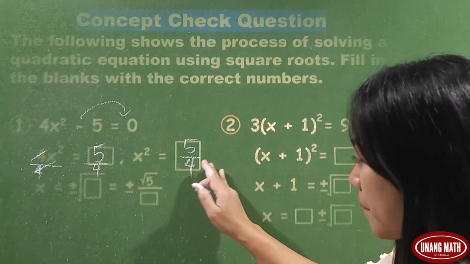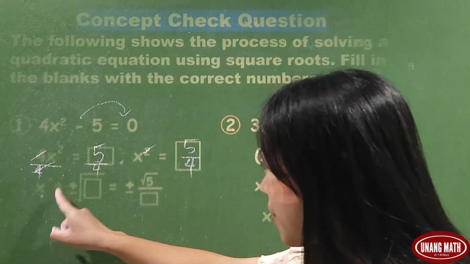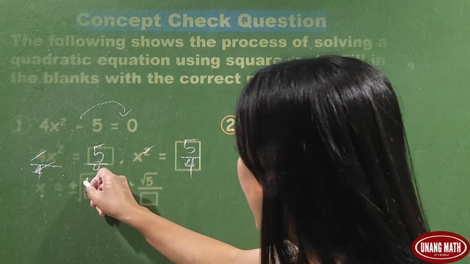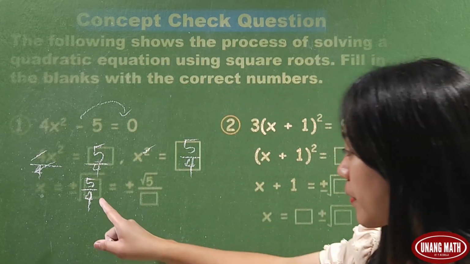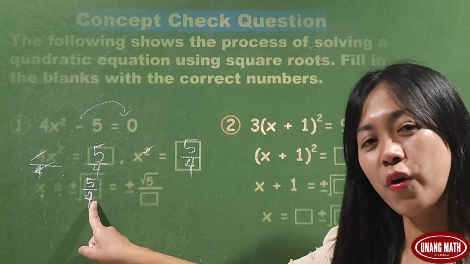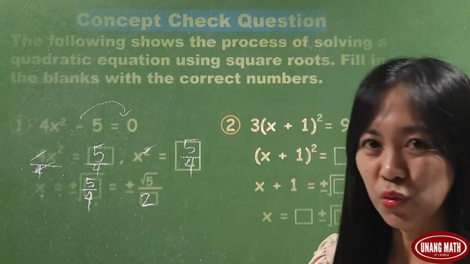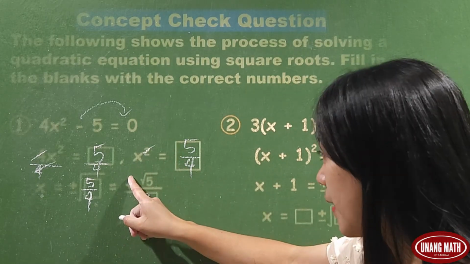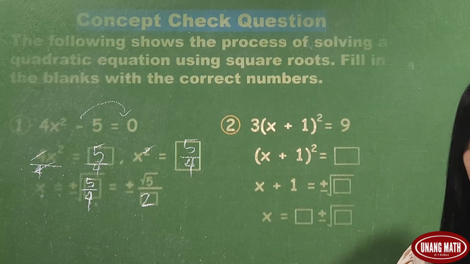So remove this exponent 2, that means x is equal to plus or minus, positive or negative, square root of 5 over 4. Okay, now, 4 is a perfect square, so the square root of 4 is 2. So the solutions here are positive or negative square root of 5 over 2.